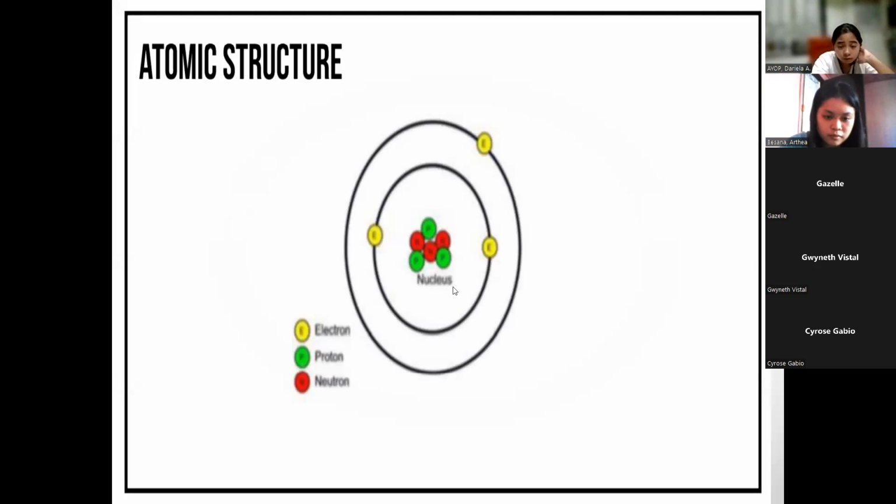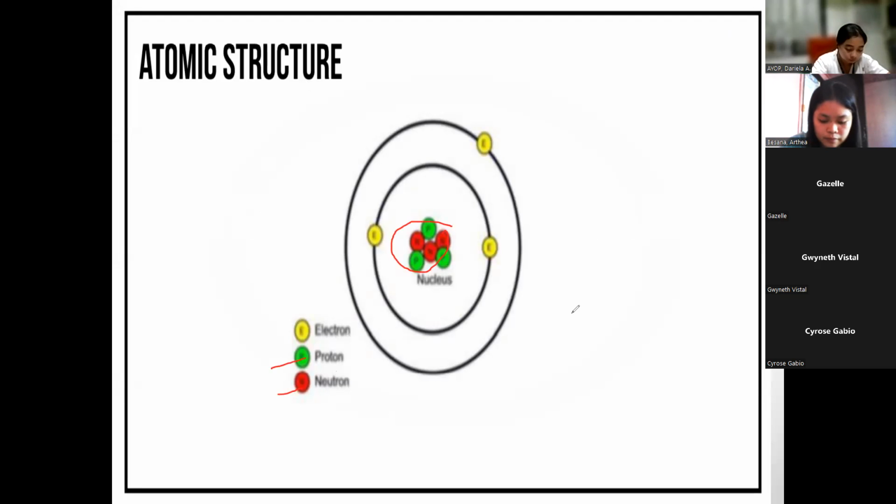So let's talk about the atomic structure. For the atomic structure, we have the so-called nucleus at the center. And then again, please do not forget what we can see in the nucleus are the protons and at the same time the electrons. So ito yung ating nucleus here. Again, present there are the neutrons and also the protons.